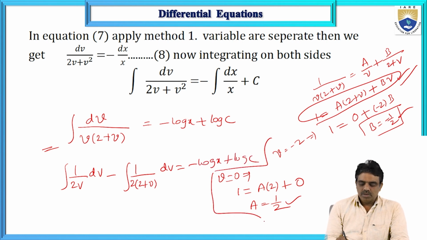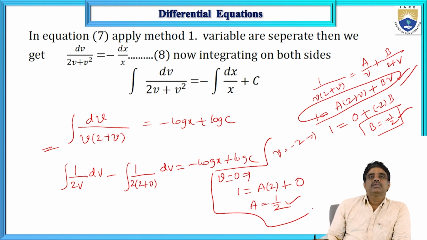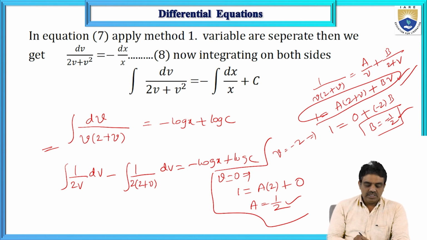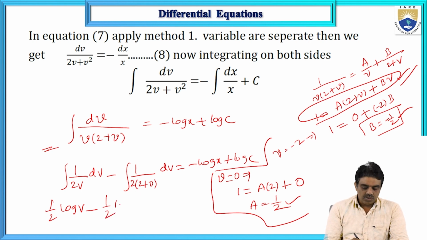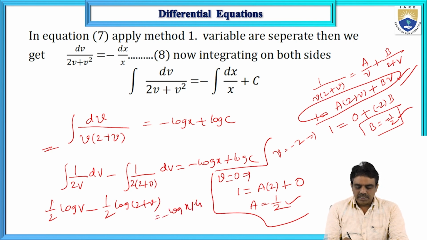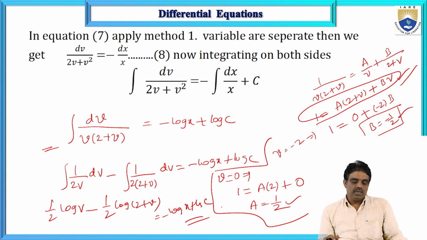I hope all are able to understand. So this is 1 by 2 into 1 by v dv, that means 1 by 2 log v, am I right? And 1 by 2 into 1 by (2 plus v) integration is 1 by 2 log (2 plus v). So log v minus log (2 plus v) is equal to minus log x plus log c. So this is the required solution.